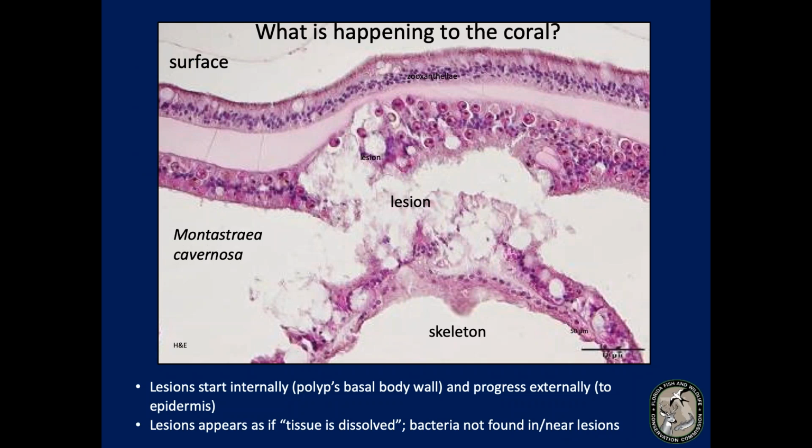If we look at a cross-section through a single polyp of a coral that has a SCTLD lesion, what we see is that the disease typically starts near the base of the coral, adjacent to the skeleton, and it then progresses upwards towards the surface. In these early stages of disease, no microorganisms have been observed within tissue sections.